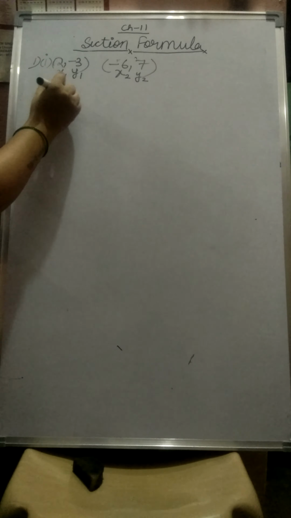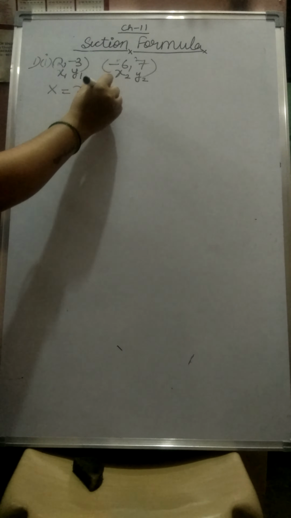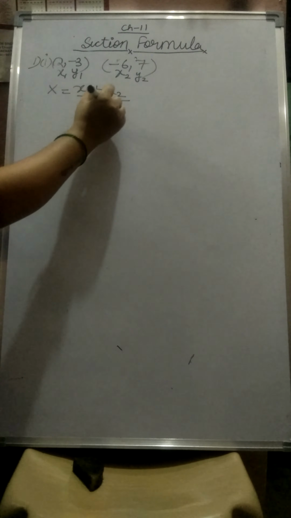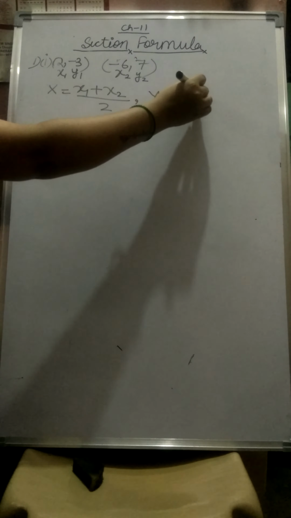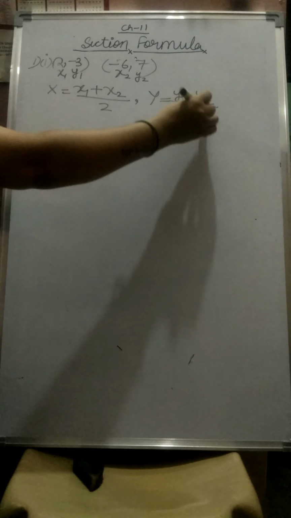This is x1, y1, this is x2, y2. To get the midpoint, capital X is equal to (x1 + x2) by 2, and capital Y is equal to (y1 + y2) by 2.